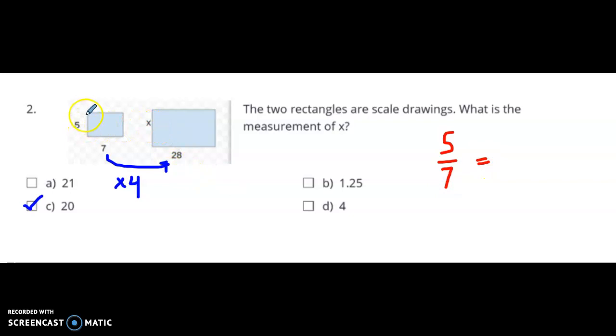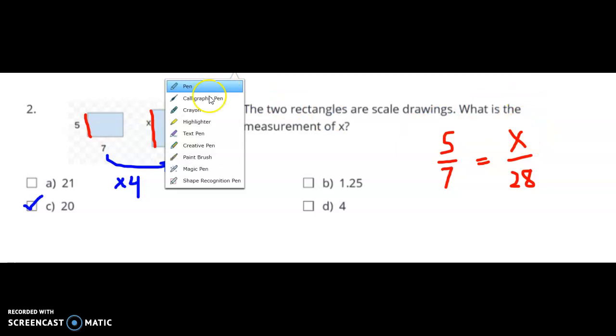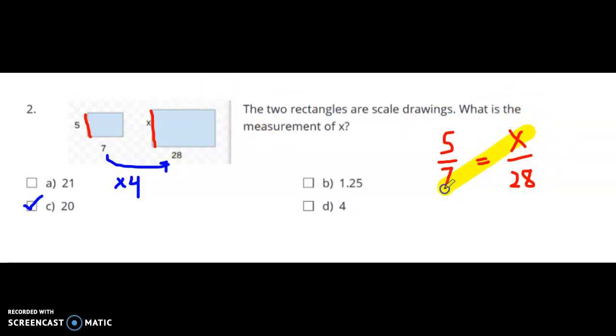equals, again, the 5 corresponds with the x, so we would want those across from each other. And the 7 corresponds with the 28. Again, we can see this relationship, times 4, times 4. Or if we wanted, we could cross multiply.